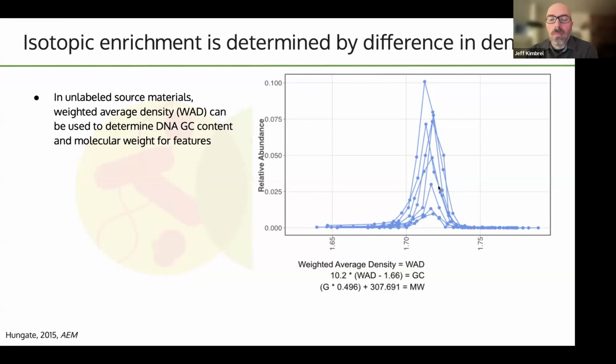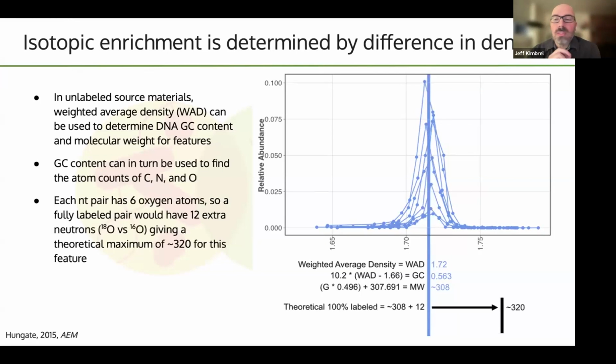So we start with the weighted average density, convert that to GC content, and then from GC content we can calculate a molecular weight. So for this individual ASV, the weighted average density was about 1.72, and that comes out to a molecular weight of about 308.